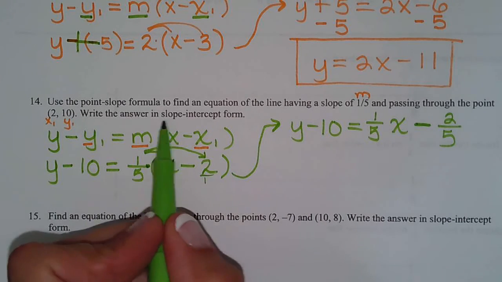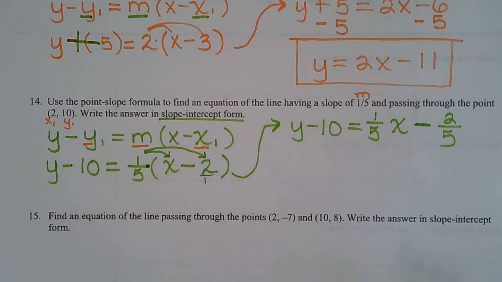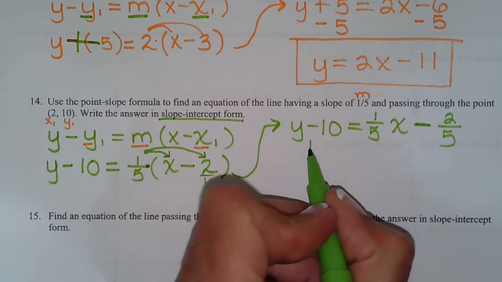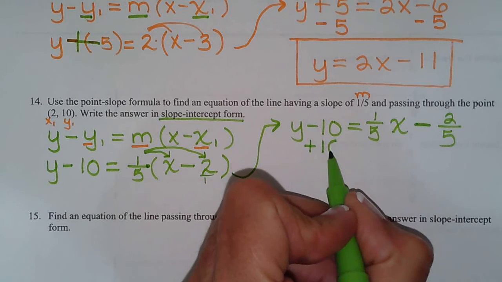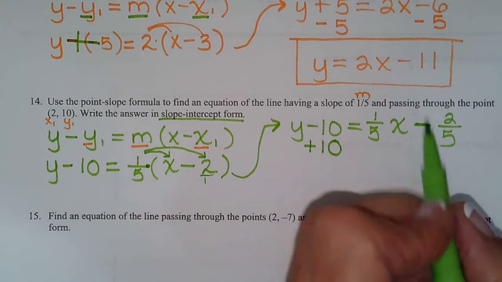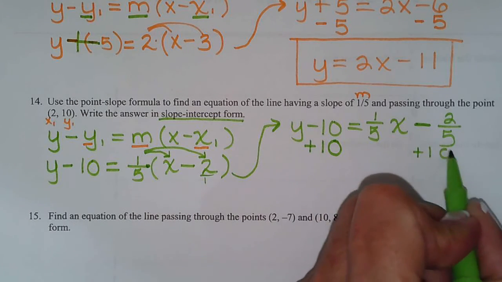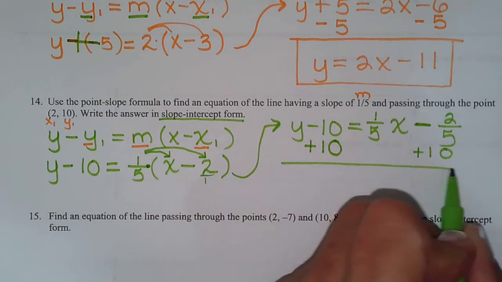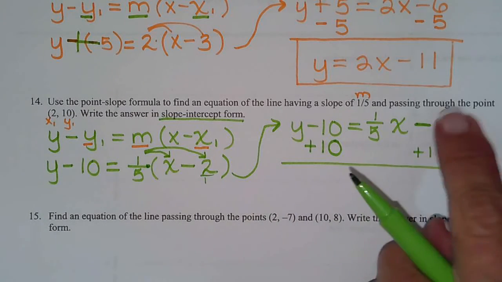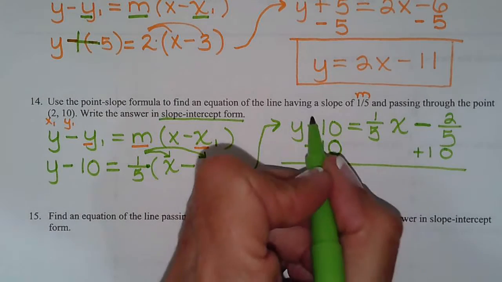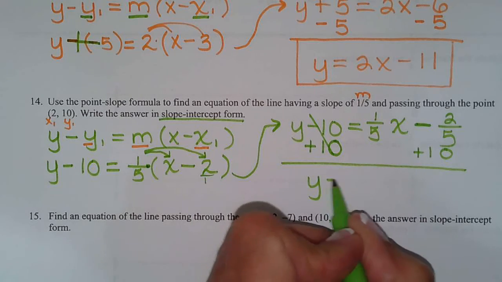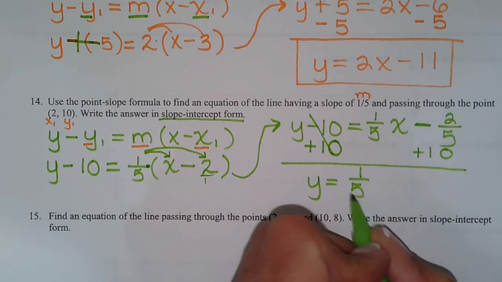So it says to leave in slope-intercept form, which remember is y equals mx plus b. So to get the y alone, we have to do the opposite because we're crossing the equal sign. Add 10, put it underneath its like term. It's not a like term with an x, it's a like term with another number. And we get y equals 1/5 x.